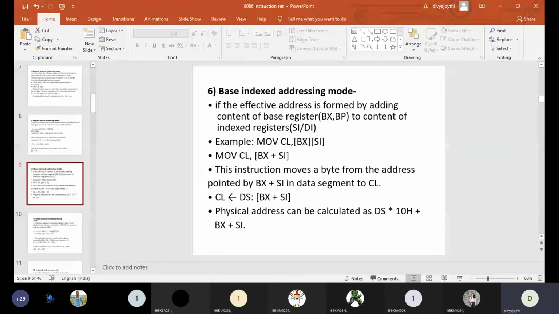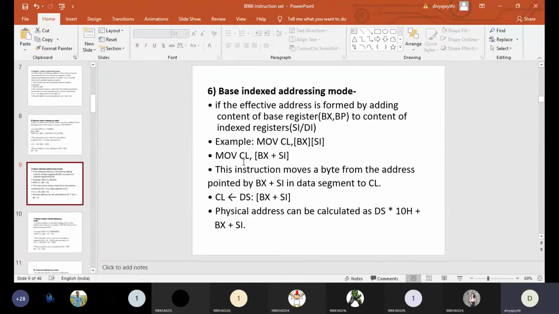So what will the processor do? It will take the location from the index register, it will take the location from the base register, it will add both the locations and finalize the location. Once it finalizes the location, it will move on to that particular location, get the data stored in that location, and transfer it to the destination register.